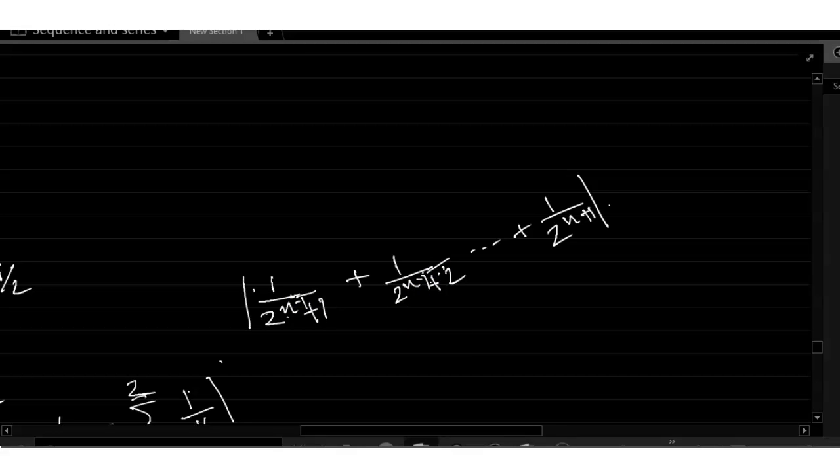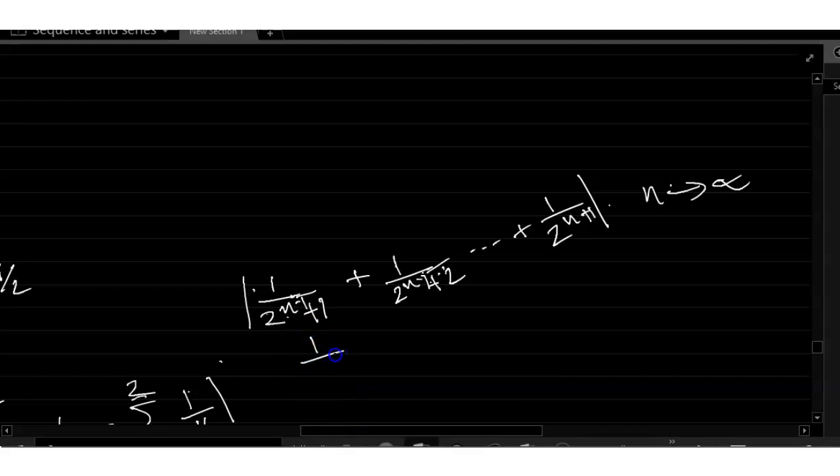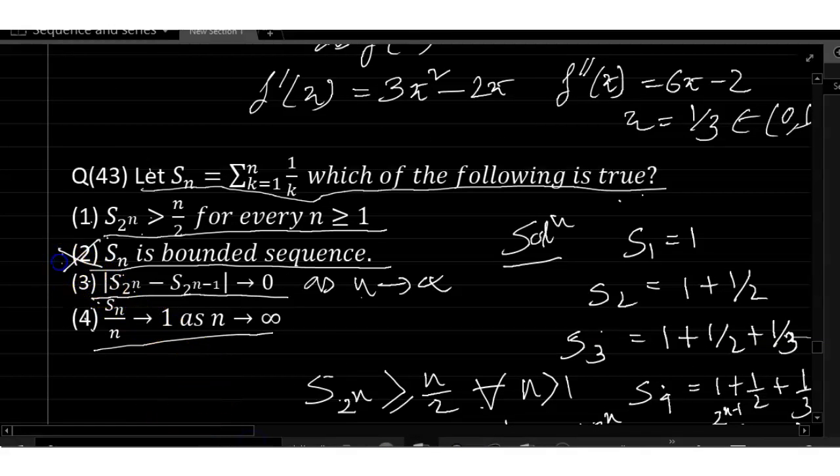So n tends to infinity. As n tends to infinity, what we can get, we can take common 1 by 2 to the power n. It tends to 0 according to me. I hope this portion is correct. And Sn by n tends to 1.